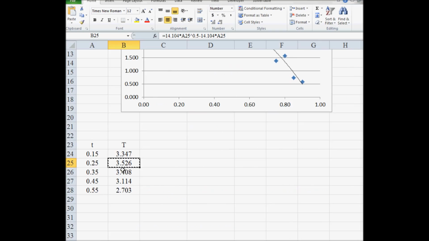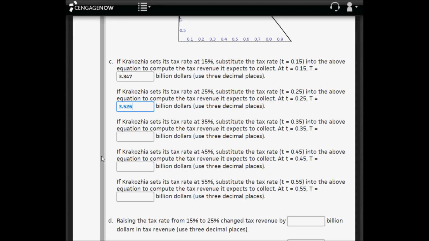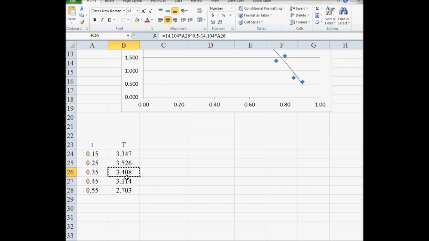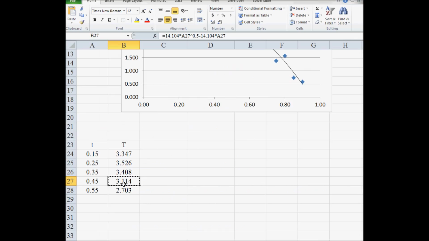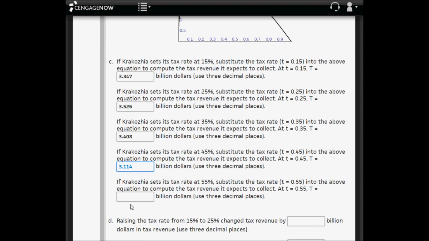And then at 35%, the tax revenue is 3.408. At 45%, the tax revenue is $3.114 billion. And then the tax rate of 55% is $2.703 billion.